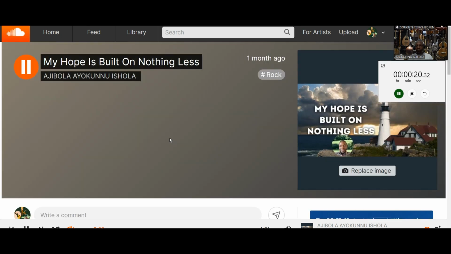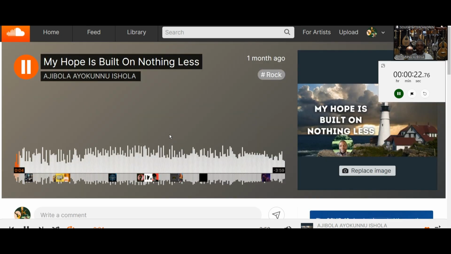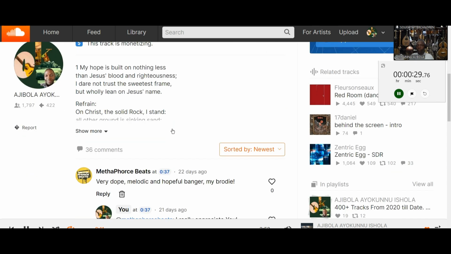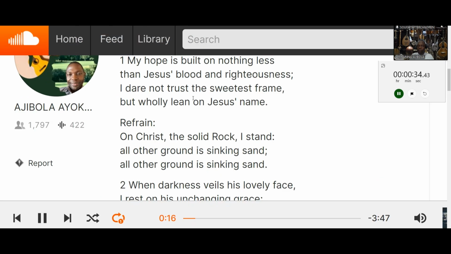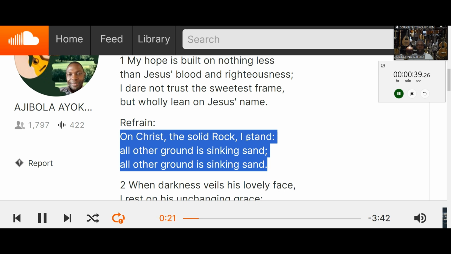My hope is built on nothing less than Jesus' blood and righteousness. I dare not trust the sweetest frame, but only lean on Jesus' name. On Christ the solid rock I stand, all other ground is sinking sand.